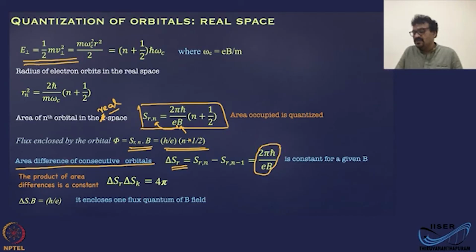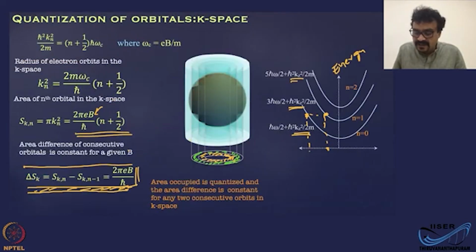Delta S is constant, 2π ħ by eB for any B field. So this is the delta S, the area difference for two successive orbitals, and we have the same delta S in the k space here.